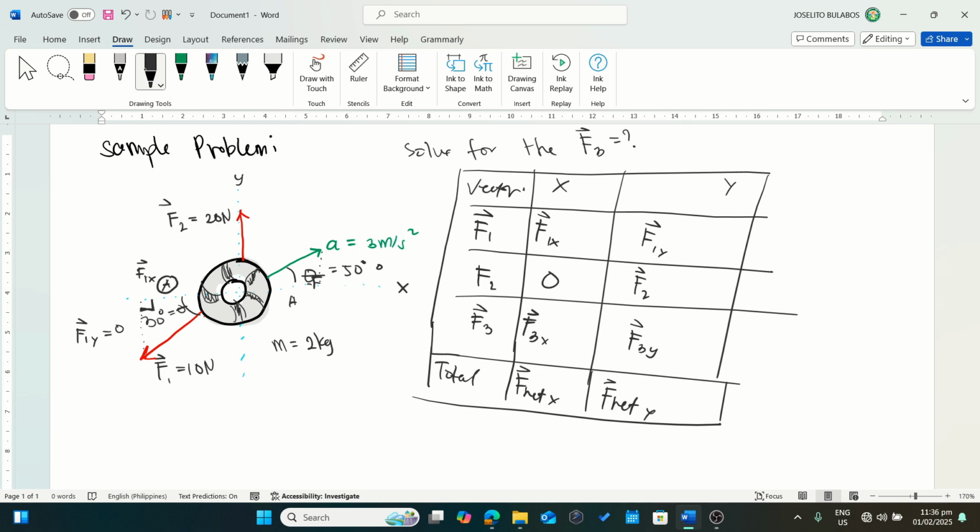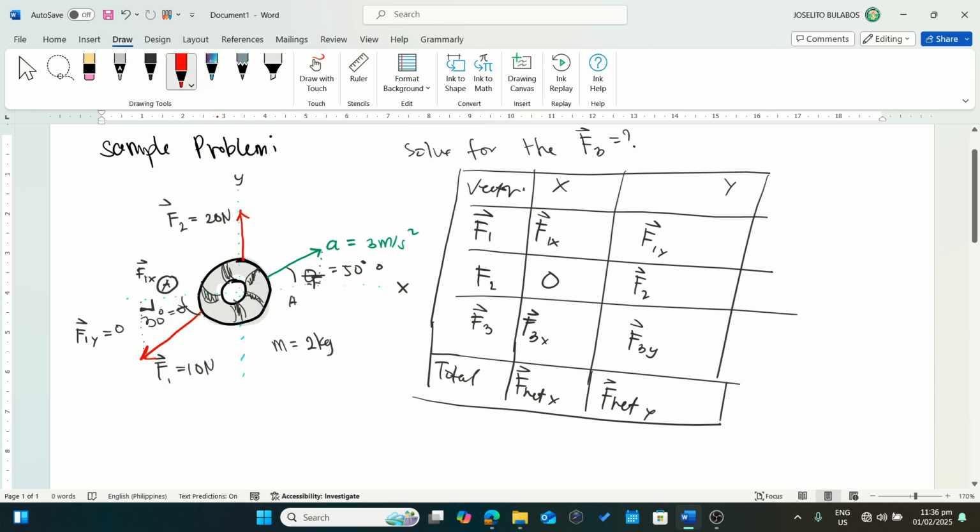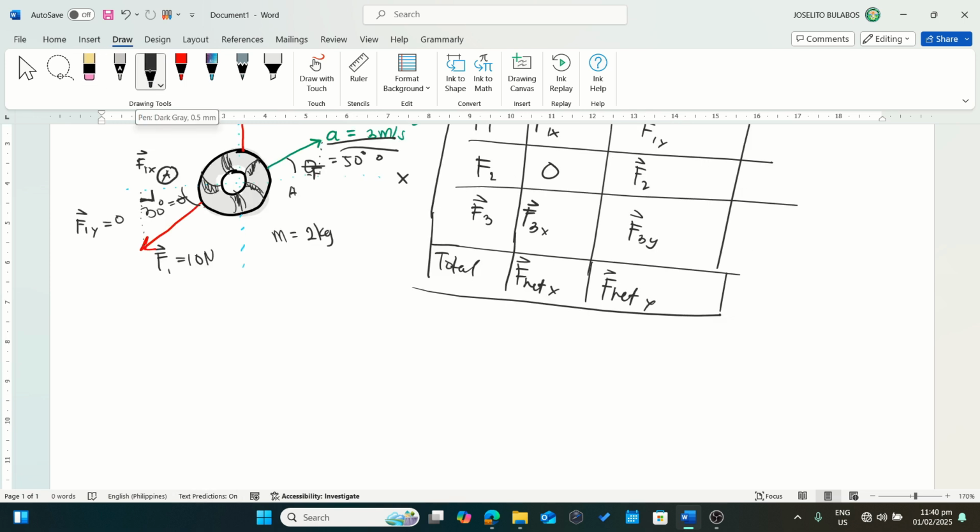Okay, so our main goal here is solving for F3, or the force along this direction. Okay, let's go back. Based from the given, we already know our F net.